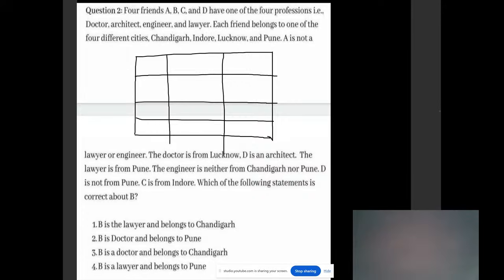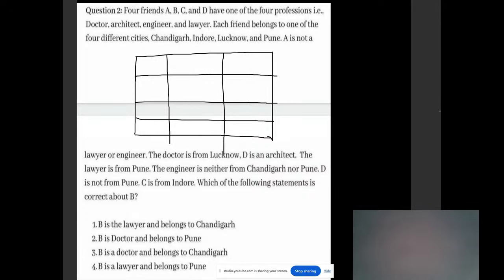Okay, four friends are there, four professions are there, and four different cities are there. If you look at the question, they say that A is not a lawyer or engineer.